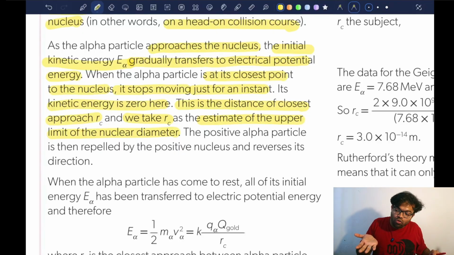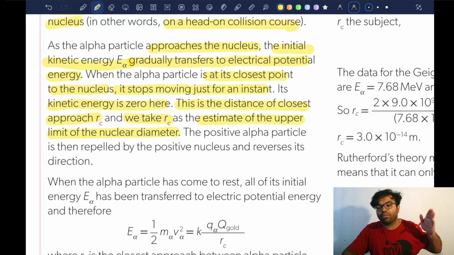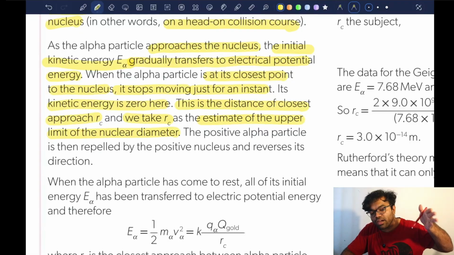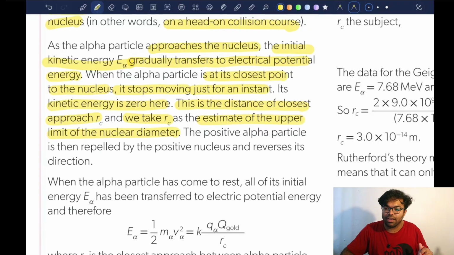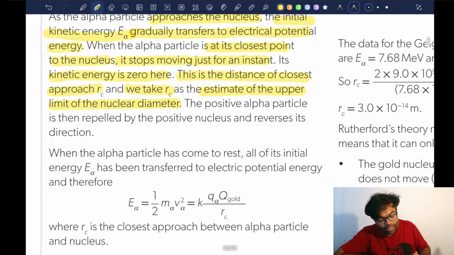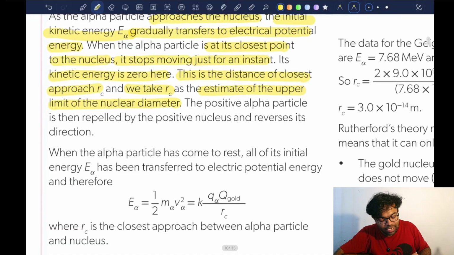But as you increase the kinetic energy, you are getting closer and closer to the nucleus. So this gives us an estimate of what the nuclear radius is going to be. Thus this is the distance of closest approach Rc, and we can take Rc as the estimate for the upper limit of the nuclear diameter.